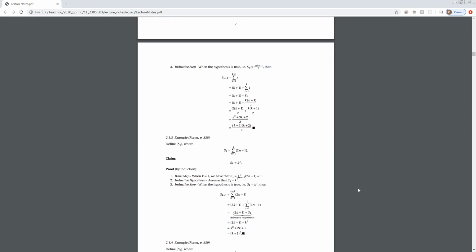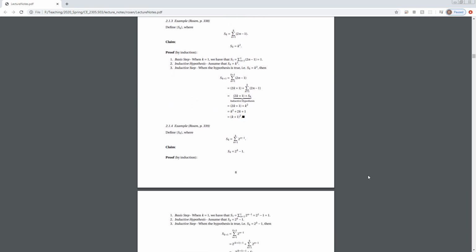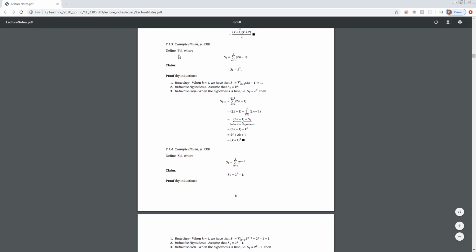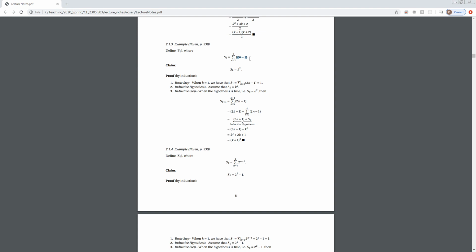Okay, so let's take a look at another example, and hopefully this awful subject will seem slightly less awful in a little bit. Now we're looking at another sum, S sub k, where the sum runs from n equals 1 to k, and we're putting in the formula for odd integers. So 2n minus 1 or 2n plus 1, those are both ways to construct odd integers.